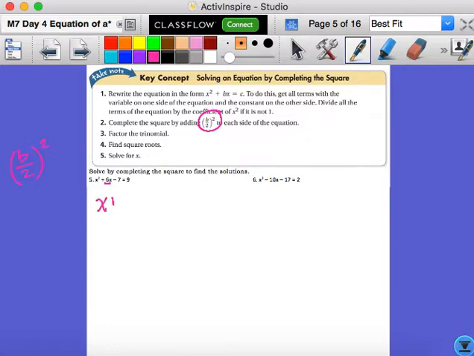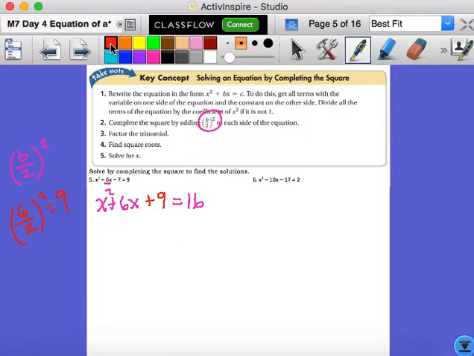We're going to add that 7 to the other side. But I'm going to leave a little bit of space here. So again, half of my b value, half of 6 is 3. 3 squared is 9. So I'm going to force this to be a perfect square trinomial by adding 9 to this quadratic.